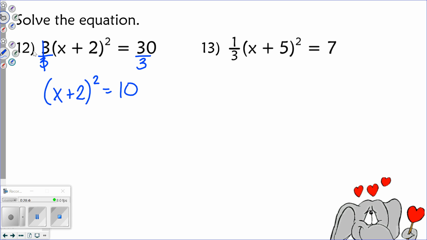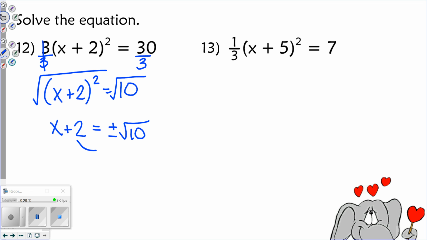All right, so then we would take the square root. So x plus 2, square root of 10? Can I do a factor tree? No pairs. All right, so it's just going to say plus or minus radical 10. Right? The plus or minus attaches to what you took the square root of.